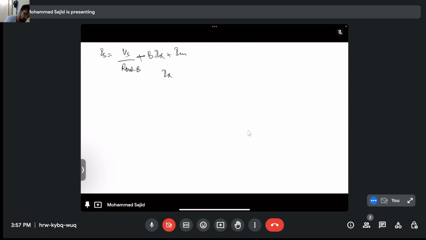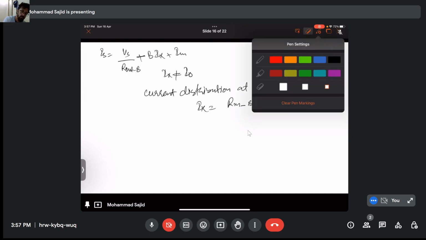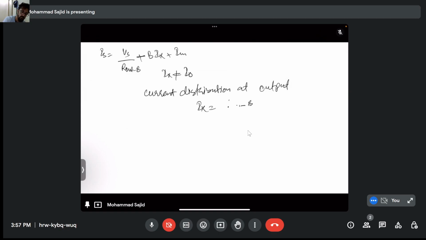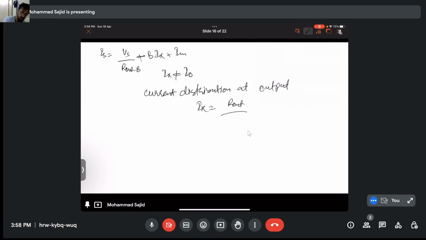My I x this time is not directly equivalent to I naught. There will be a current distribution or loading at the output. So my I x will be equivalent to R in, sorry, this is not. Current doesn't distribute in this way. That will be R out divided by R in beta plus R out.